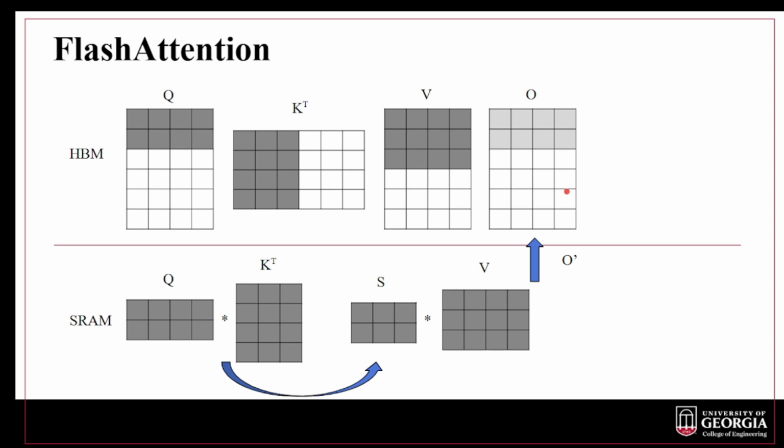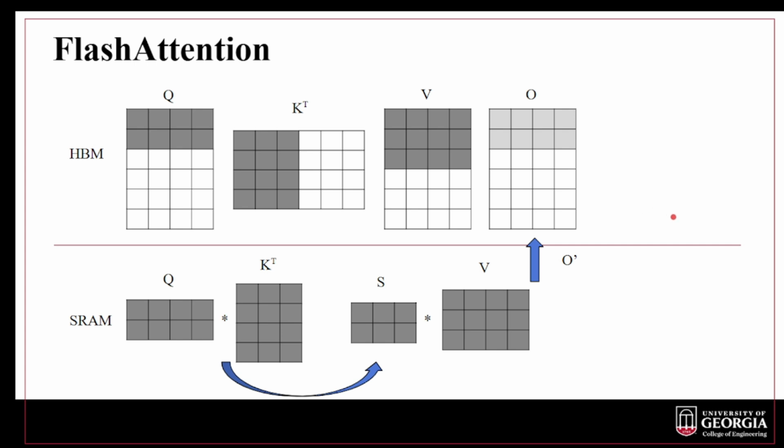At this stage, we have not yet obtained the final result of the first two rows of O. As we all know, since the final output O is a weighted sum of V values, what we have now is only a partial result based on the first three rows of V. To indicate that it is just the intermediate result, we use a lighter color.